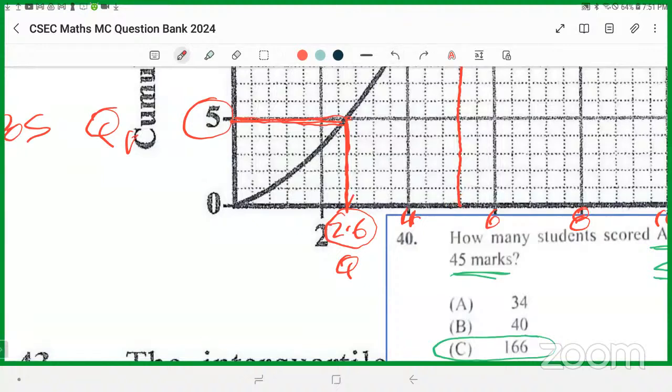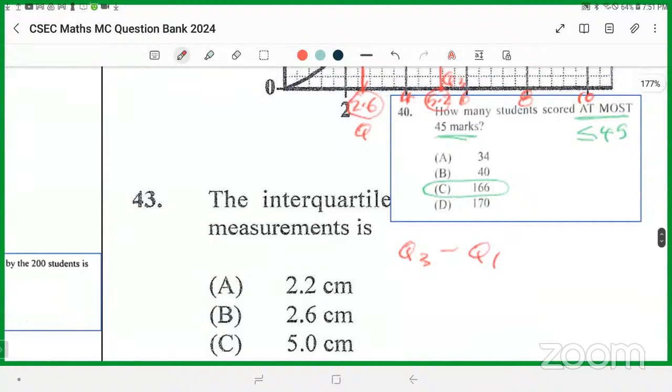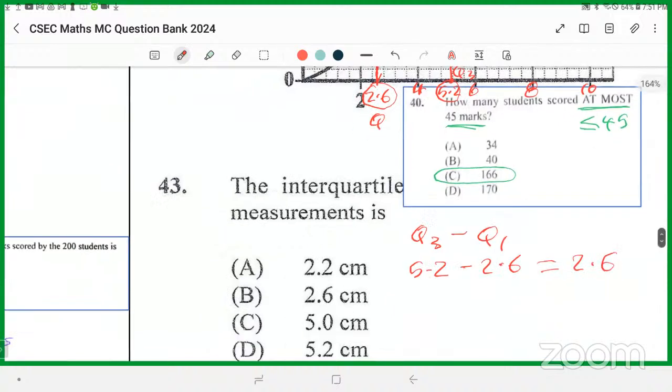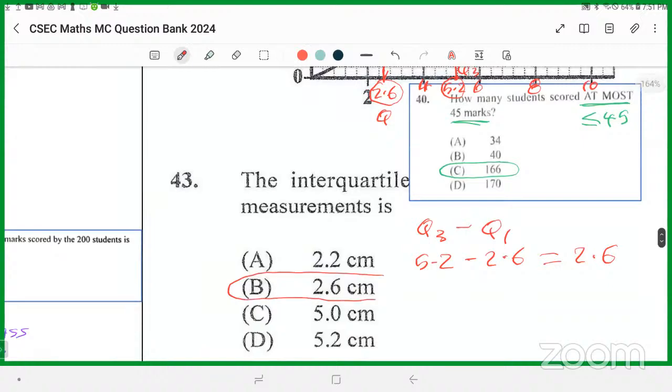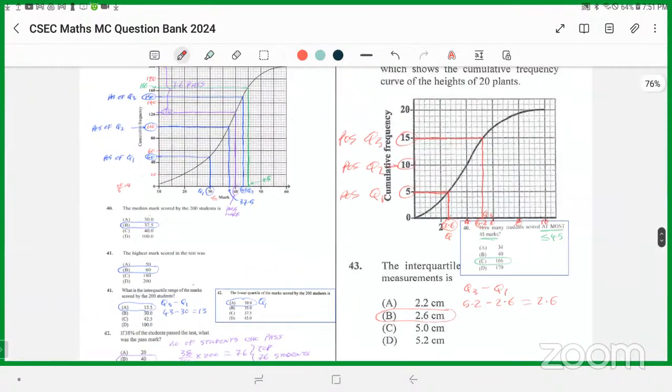So right here is 5.2. That is Q3. So it becomes 5.2 minus 2.6, which is 2.6. So the interquartile range is 2.6. All right. That is that.